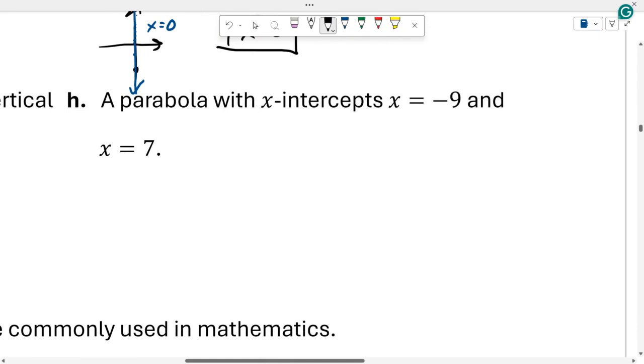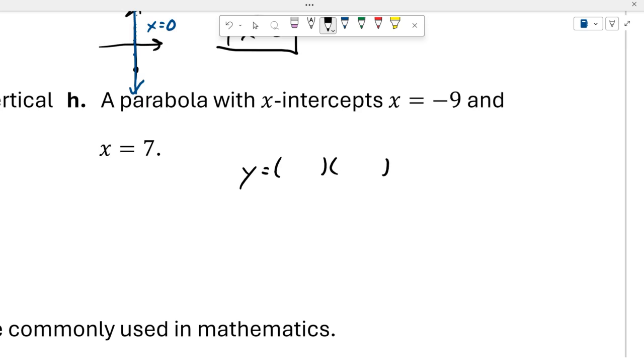Part H. You want a parabola that has x-intercepts at x equals negative 9 and x equals 7. So in this case, we've got these two x-intercepts. When you're given the x-intercepts, you can write your equation in factored form.